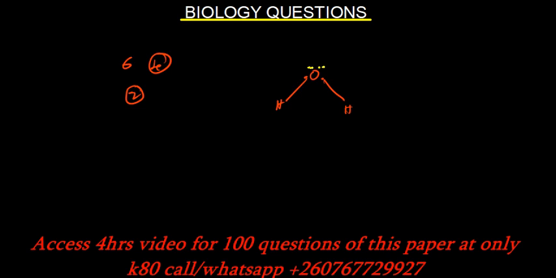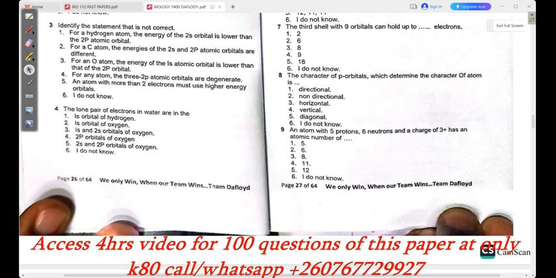Now what is this question asking us? It's saying the lone pairs of electrons in a water molecule are in the 1s orbital of hydrogen. No, they are in the oxygen, not hydrogen, so hydrogen is out. 1s orbital of oxygen?